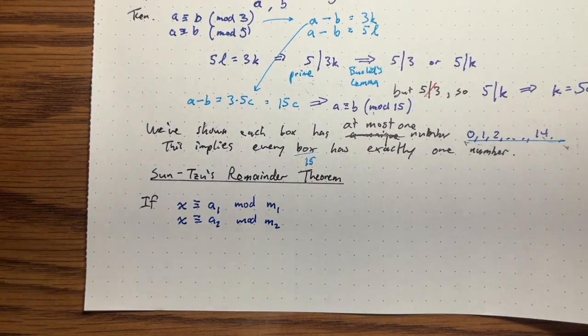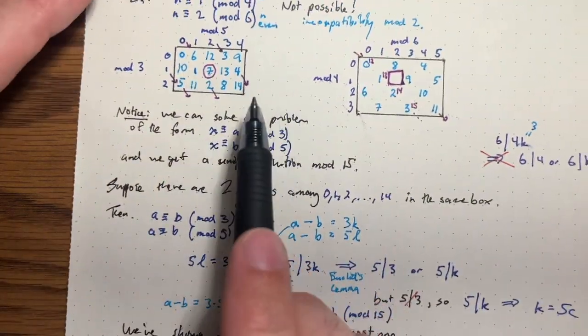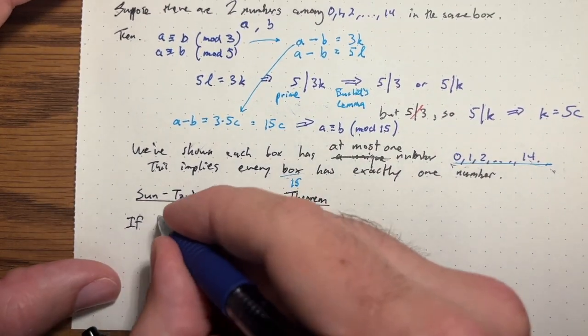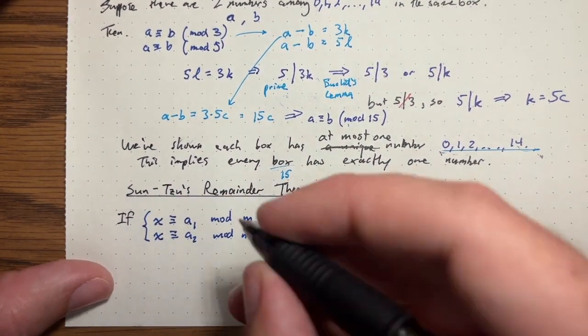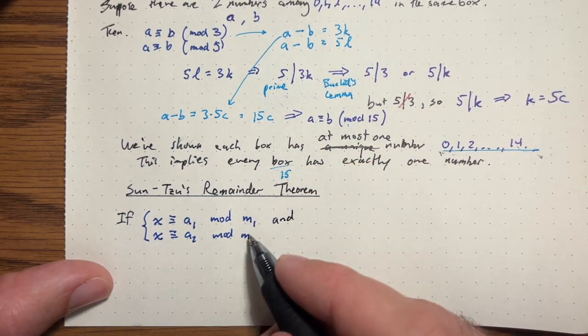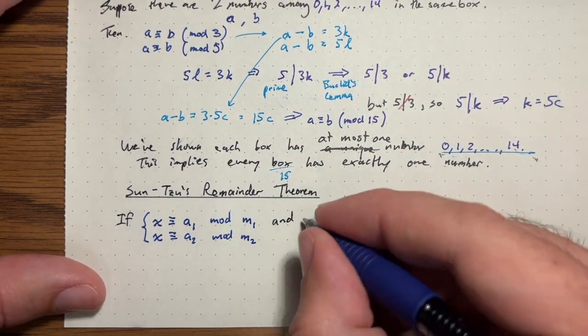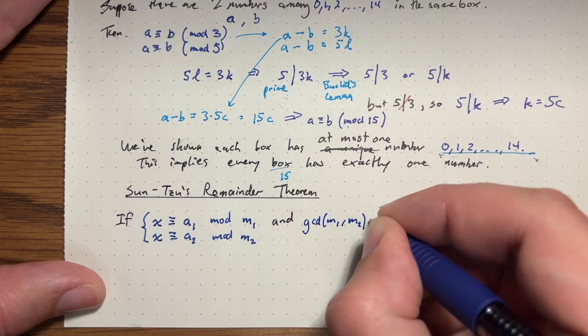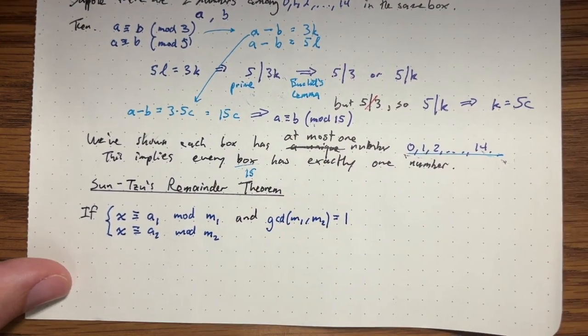Well, there is no conclusion unless we also impose the following. If we have this system of congruence equations, and we know that the moduli are coprime, the GCD of the moduli is 1. That's what it means to be coprime.